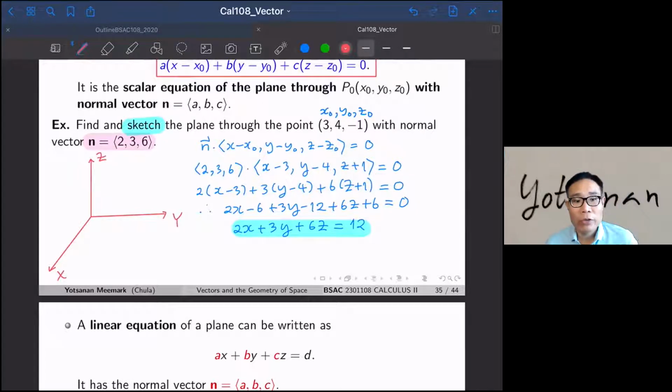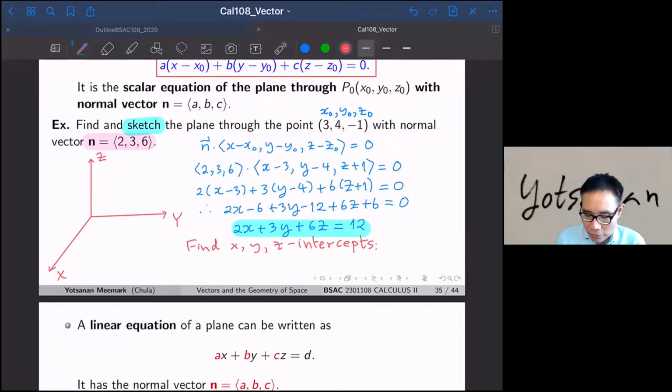And you're going to find the x, y, and z intercepts.